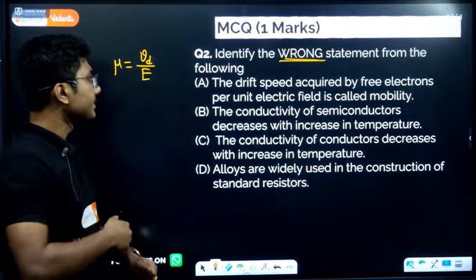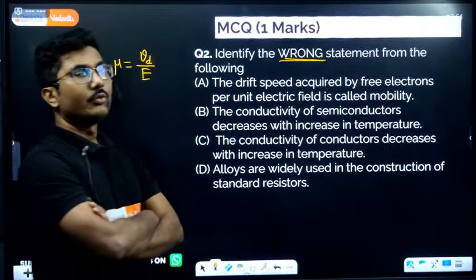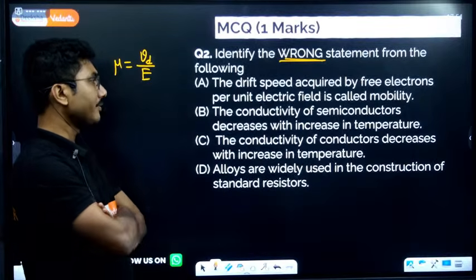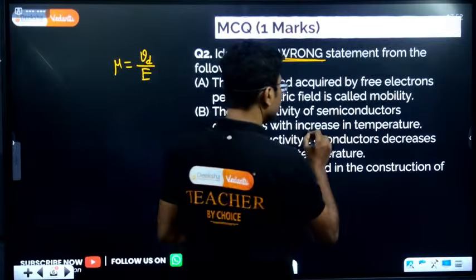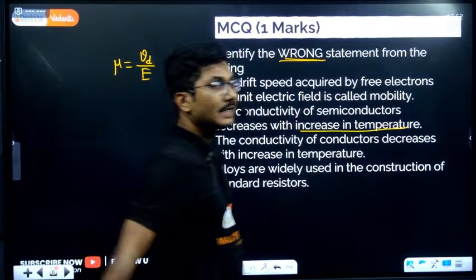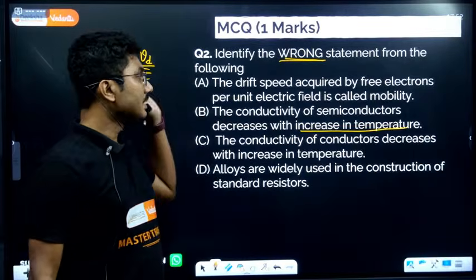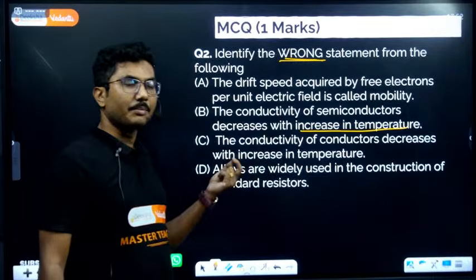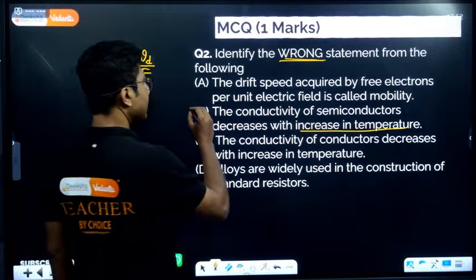Next is, the conductivity of semiconductors decreases with increase in temperature. This is wrong. For normal metals, if you increase the temperature, conductivity decreases, but for semiconductors, if you increase the temperature, conductivity increases. So this is a wrong statement. This is our answer.